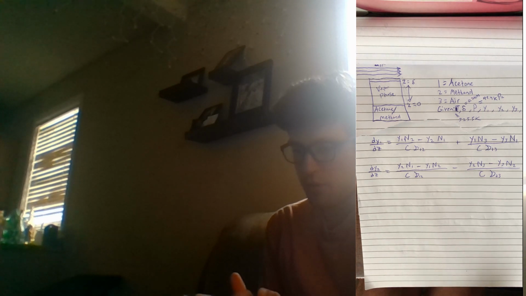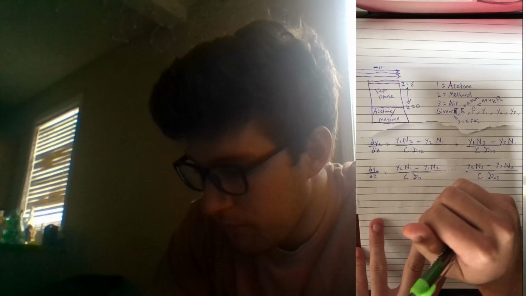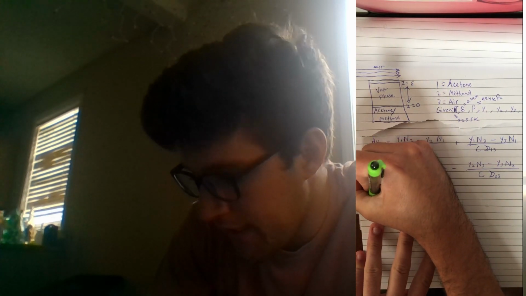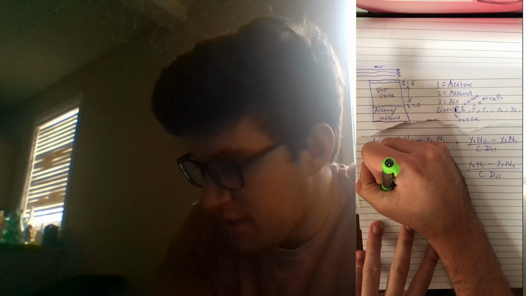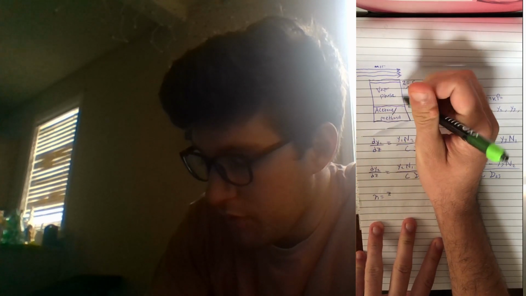After writing those down, we are going to scale this using a variable called eta, which is defined in the book as z, our position in the height of this tube, over delta.